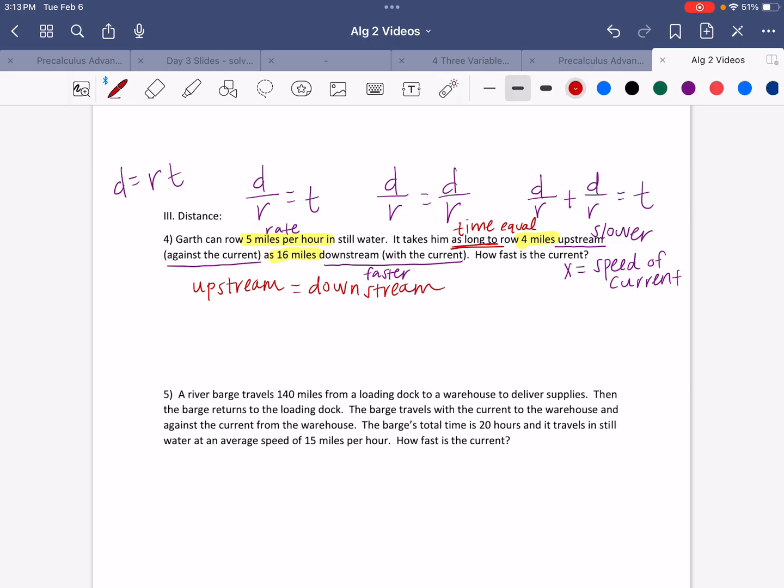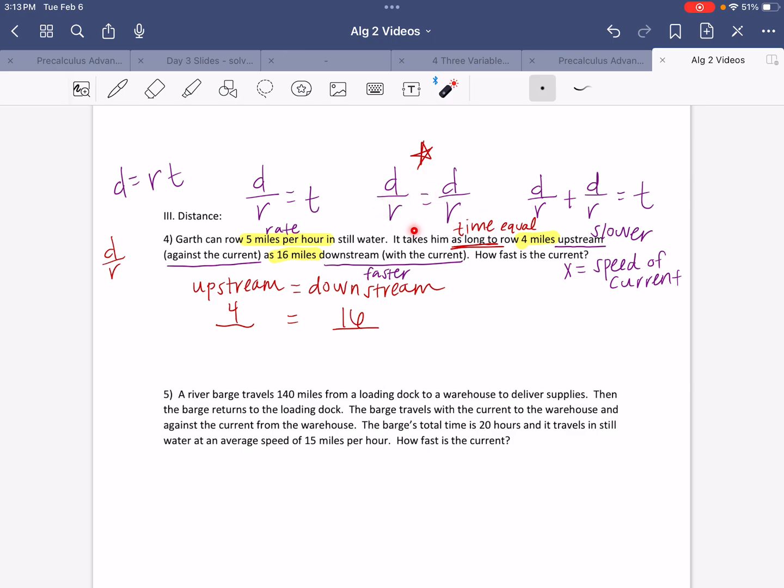Upstream, he goes 4 miles, while downstream, his distance is 16 miles. So we're using a version here, distance over rate. It's really this middle scenario right here: the two parts of his trip take the same amount of time.